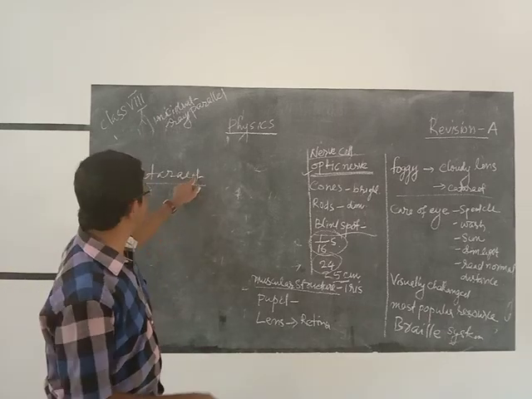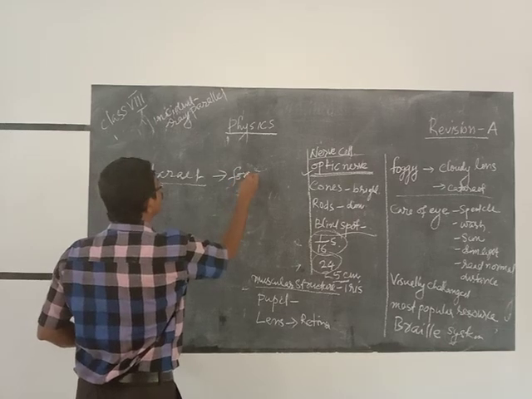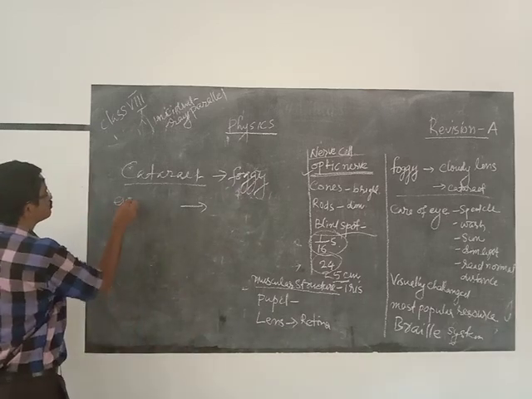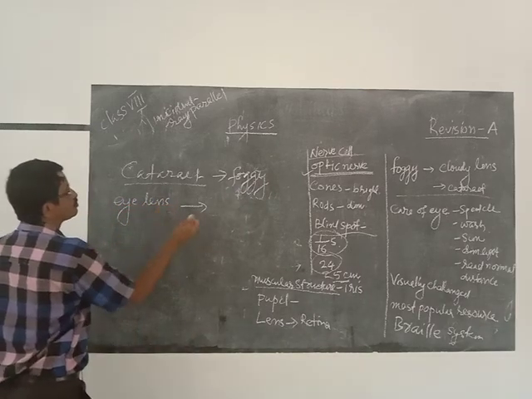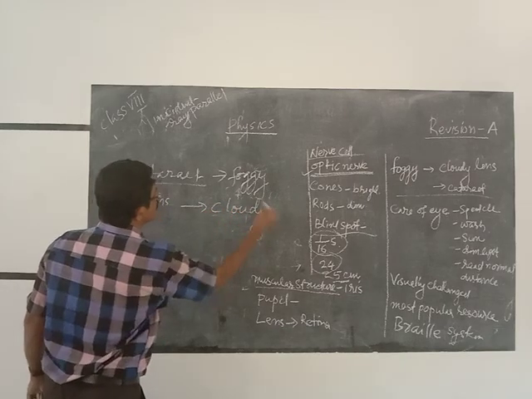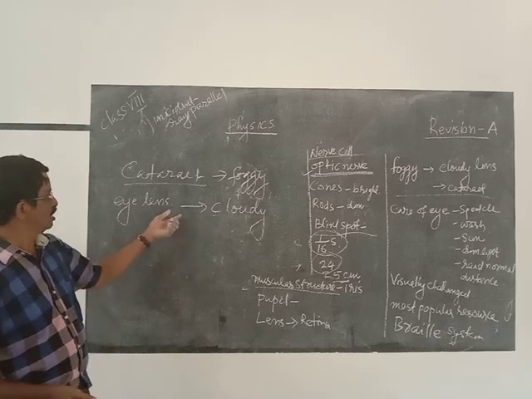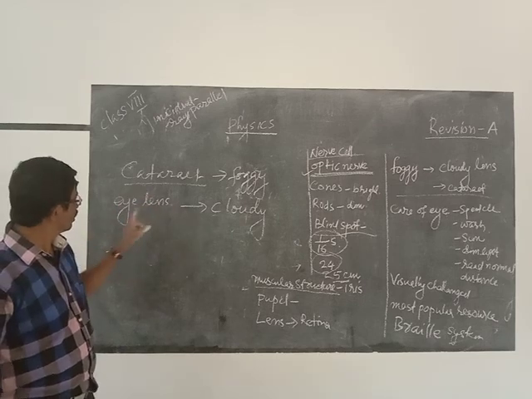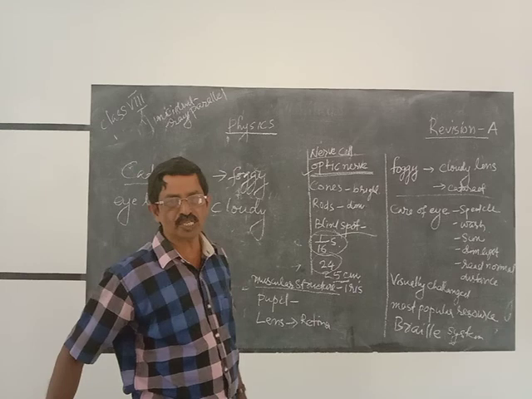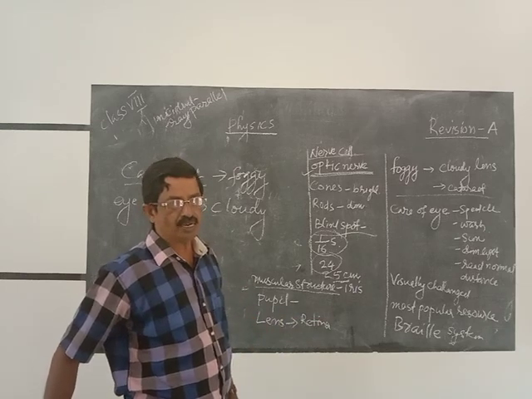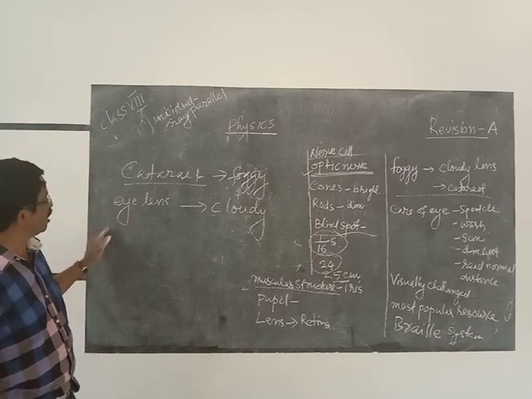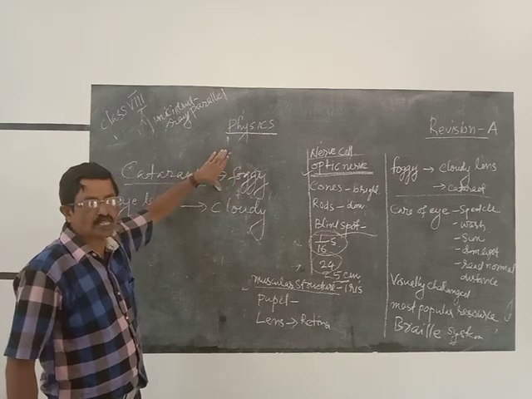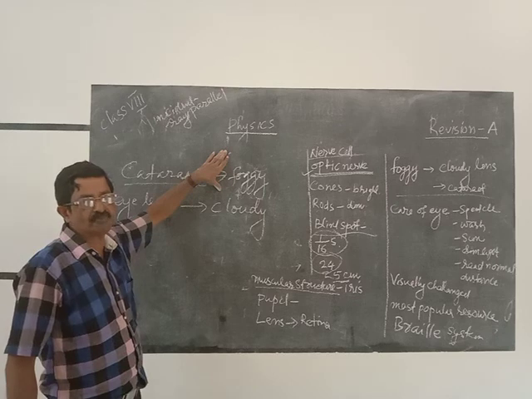This cataract means their vision become foggy, just like a fog, that means they cannot see the object clearly.